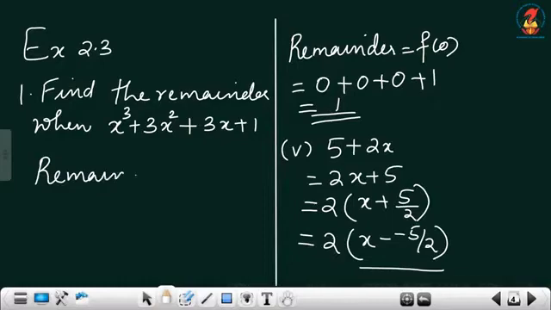The remainder is equal to f of minus 5 by 2. So, we have to replace x by minus 5 by 2.